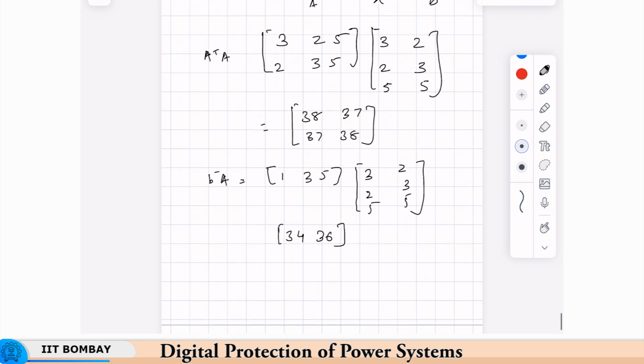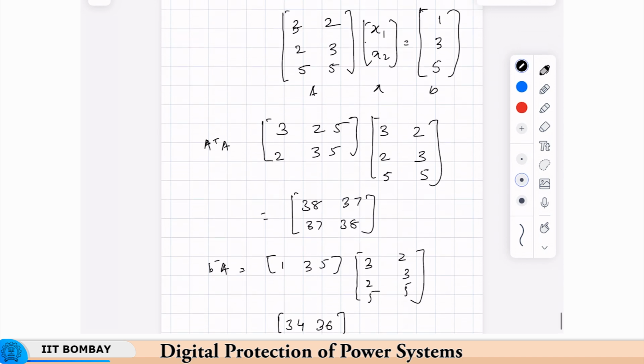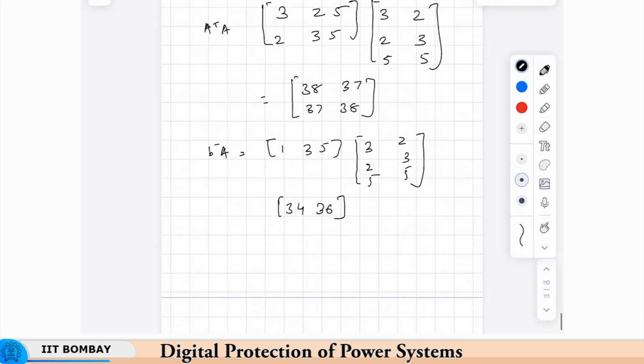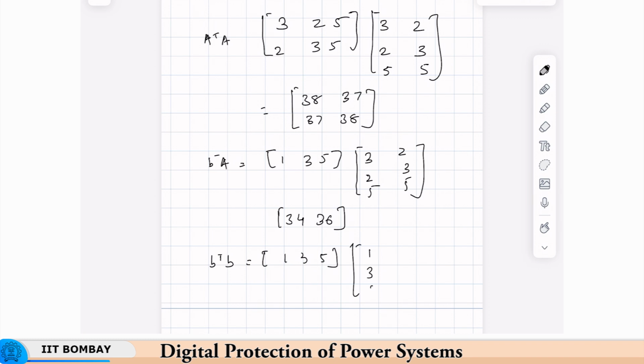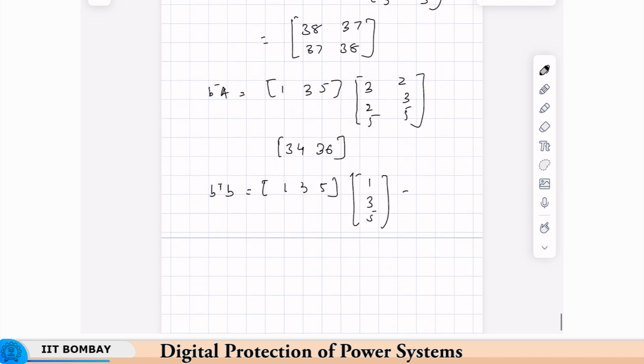That is B transpose A, and B transpose B is again 1 3 5: 1 plus 9 plus 25, so 35. So this is what we have got here.